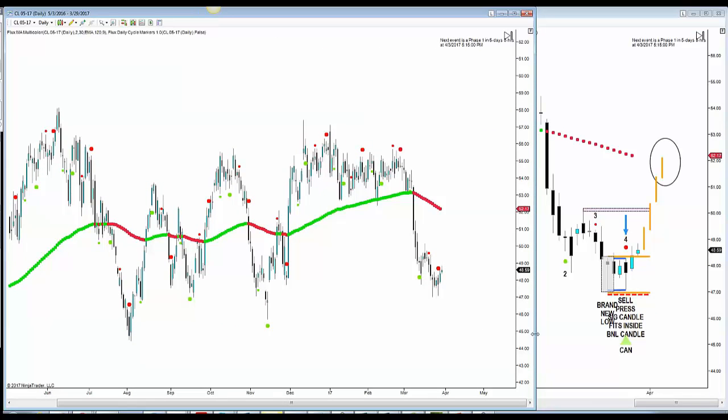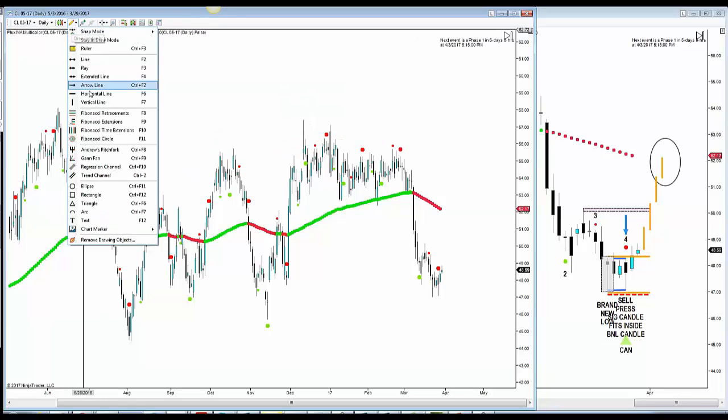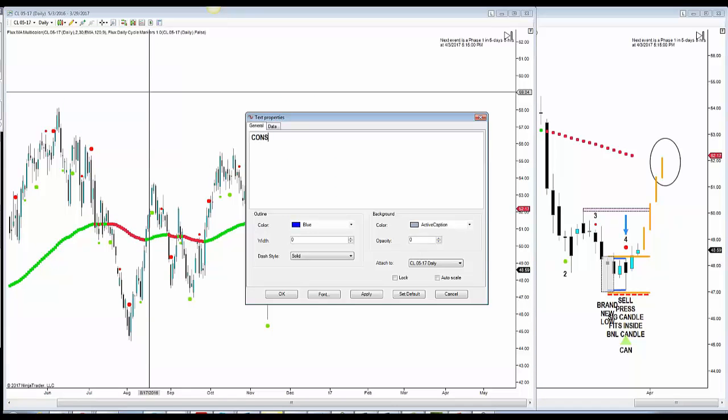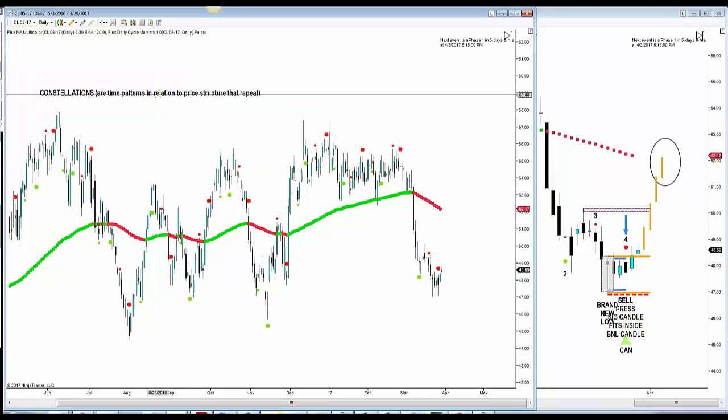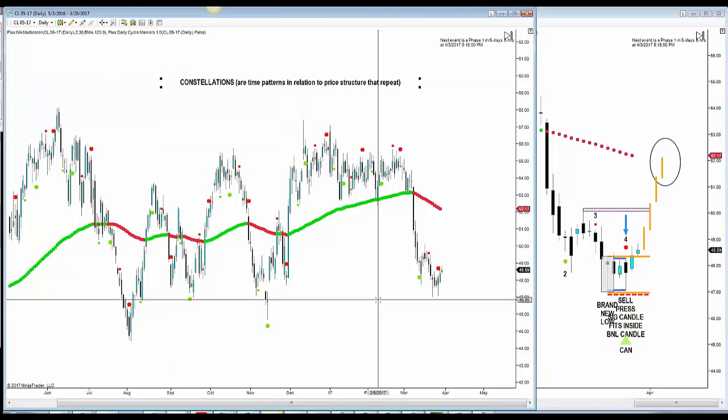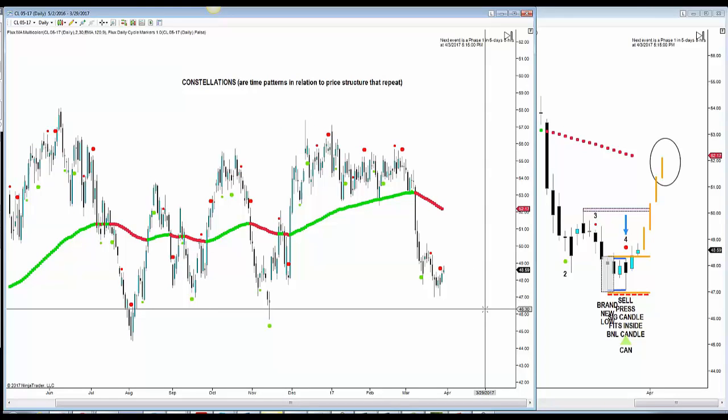Okay? And when you have the daily cycle marker tool, you can start to identify what I call constellations. Constellations are time patterns in relation to price structure that repeat.